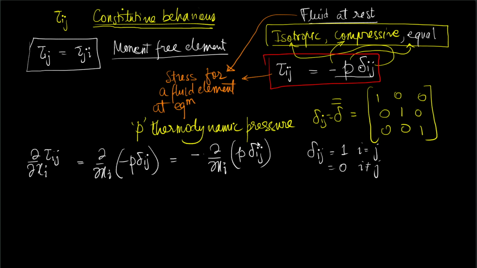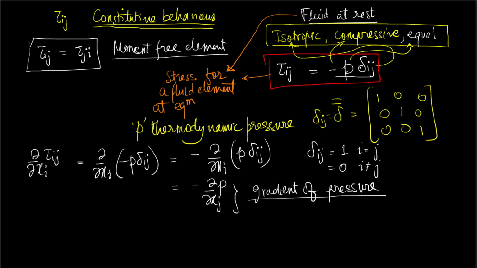So this will be non-zero, rather it will be 1, only when i equals j. So we set i equal to j and set this to be 1. Correspondingly, this becomes del del xj of P. So it becomes minus del P del x, which means it is the gradient of pressure. So the contribution from the static component of pressure is manifested as the gradient of the pressure.